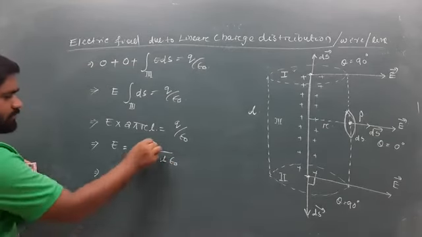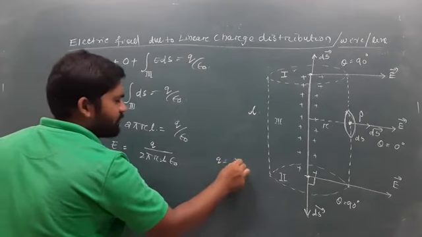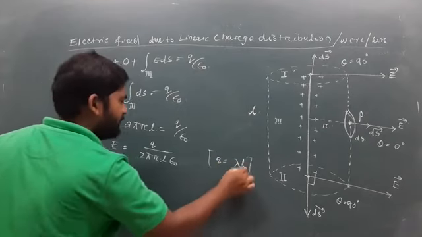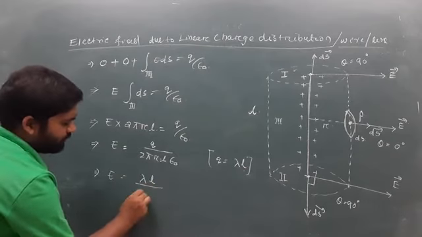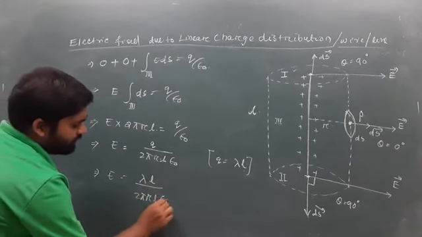Now substitute the value of Q, which is lambda L. So E equals lambda L divided by 2 pi R L epsilon naught.